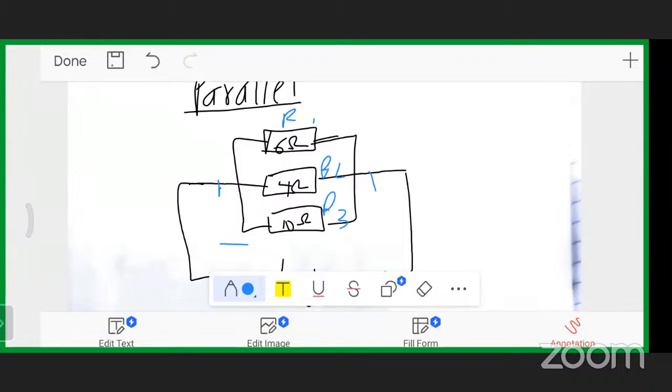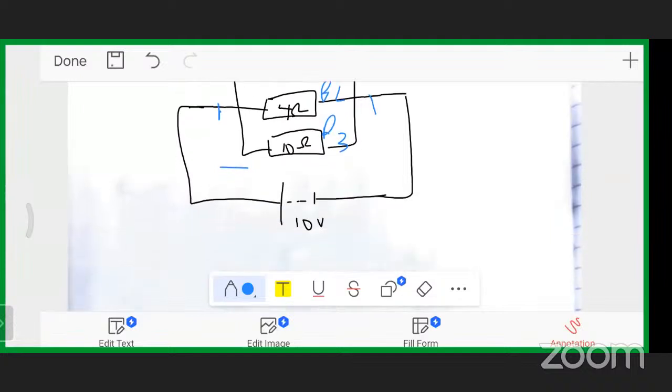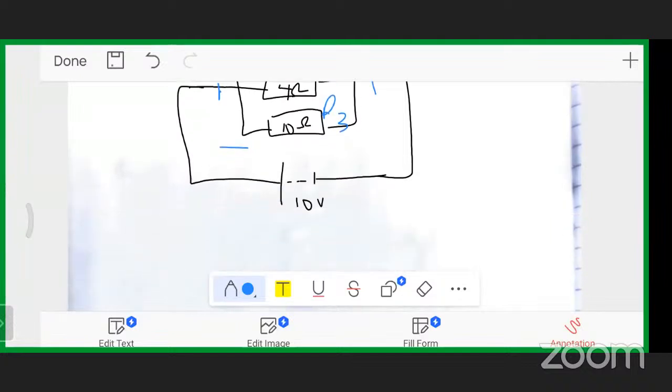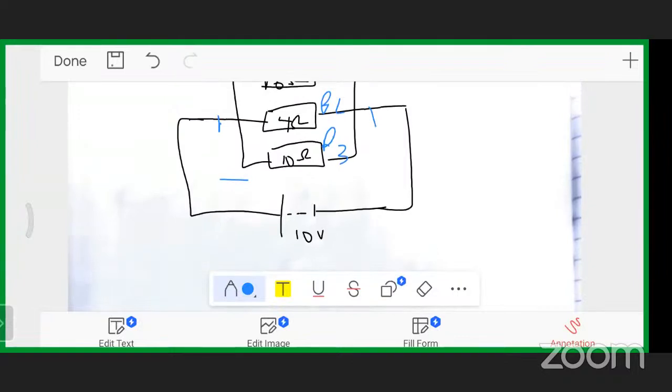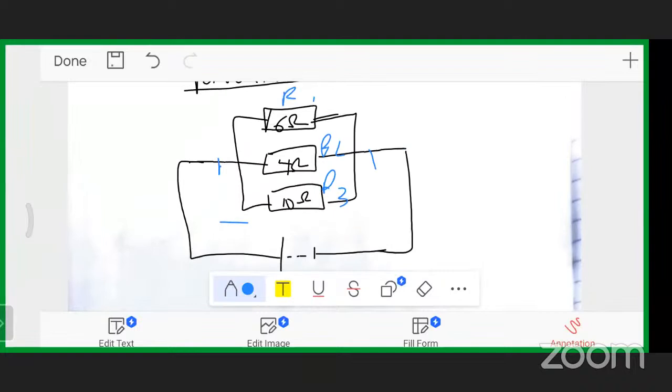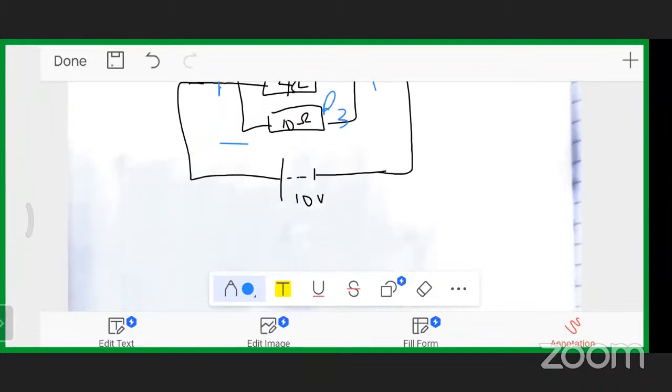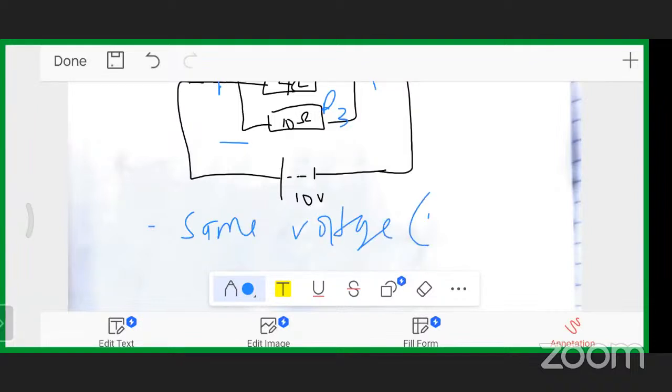Therefore, for parallel connection, the voltage drop will always be the same. So this 10 volts is what will be measured across the 10 ohm resistor, the 4 ohm resistor, and also the 6 ohm resistor.